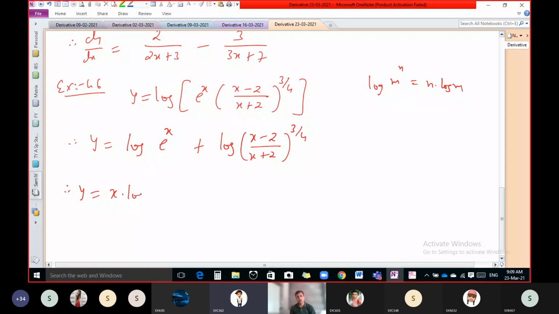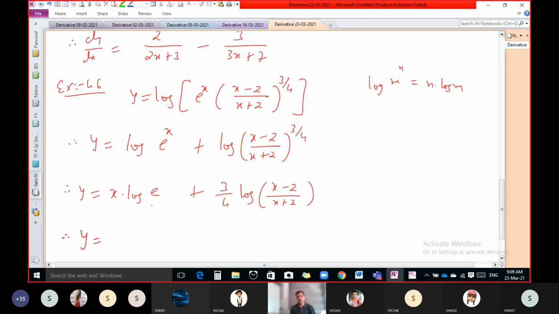No, it's not derivative, it is simplification. For the other part, this is like log m^n, so your n is 3/4. So you can write 3/4 log m of (x − 2)/(x + 2).